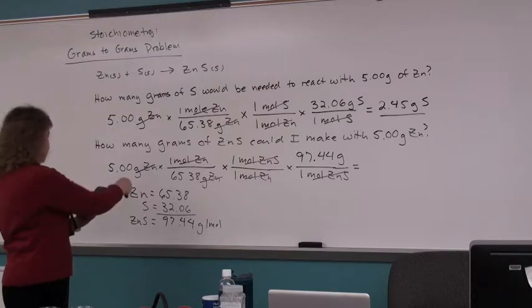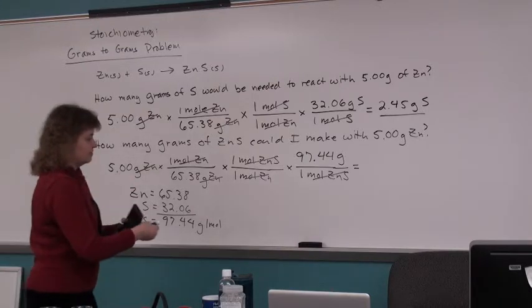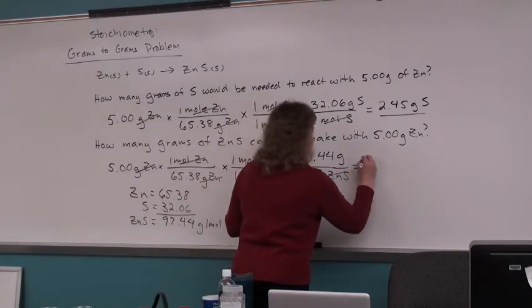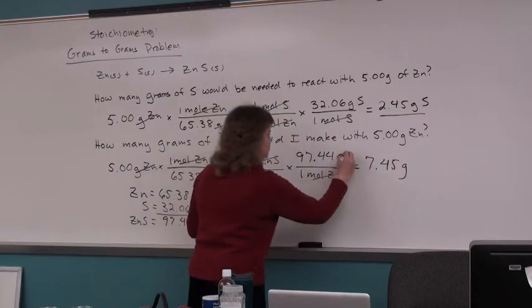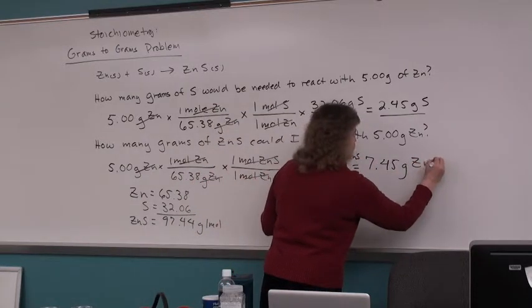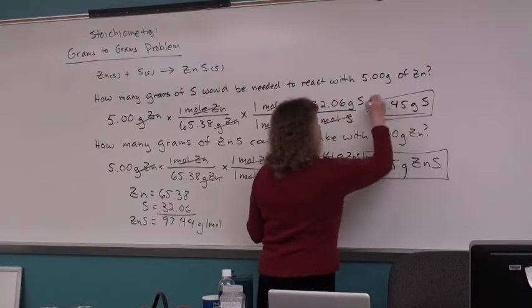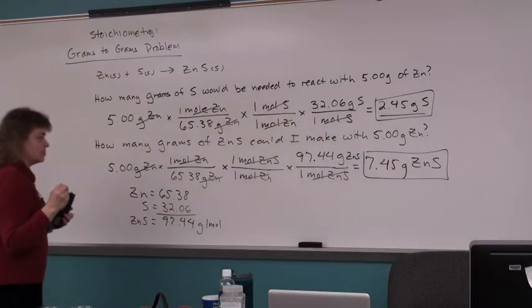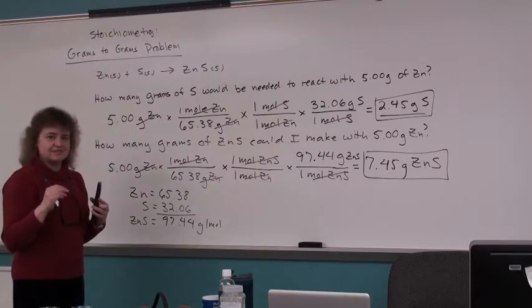And I get, with my 3 sig figs, 7.45 grams. So 7.45 grams of zinc sulfide was my final answer for how many grams of zinc sulfide could be made with 5 grams of zinc.